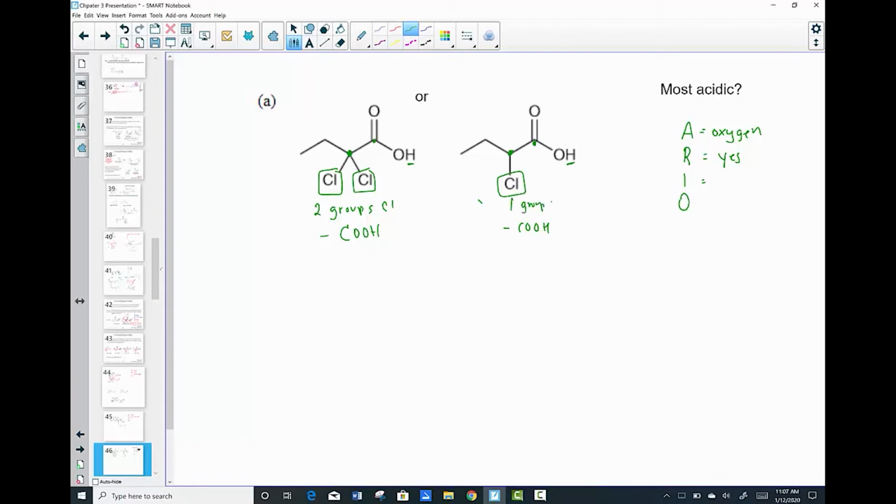Chlorine's not really a group. An atom would be a better word, wouldn't it? I caught myself. 2 atoms of chlorine versus 1 atom of chlorine. The more the better at stabilizing negative charge. So which is more acidic? Obviously the one with 2 chlorines to help stabilize the negative charge over a greater surface area. Easy enough.